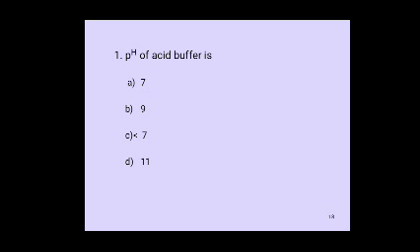Option C, pH less than 7, means below 7, such as 6, 5, 4.8, 4, any of these. So the answer is C, less than 7. The pH of an acid buffer is less than 7.